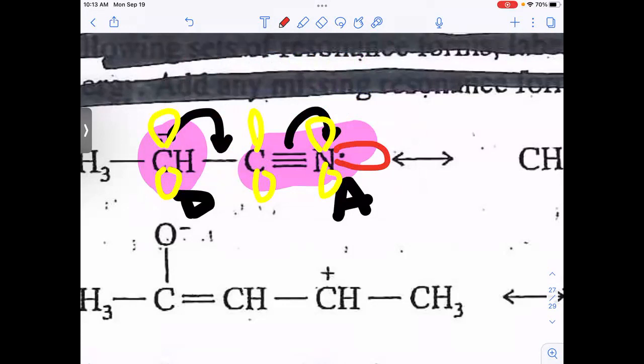Remember when we first started talking about this, I showed you a system that had 3 p orbitals. It was an allylic system that had p orbitals overlapping, and that's how the electrons get shared when the orbitals overlap. But if it's perpendicular like that, it can't overlap.